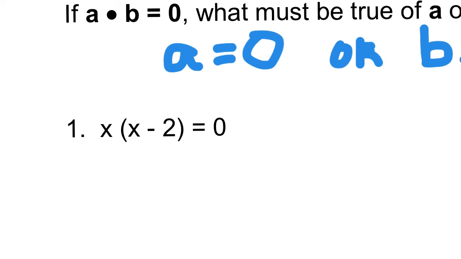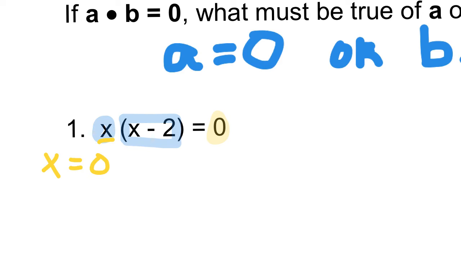Looking at number 1, there are two factors, two things that are being multiplied. One is x, and the other is x minus 2. They're being multiplied to get a solution of 0. That 0 is very important. We're going to set each factor equal to 0. So the first factor is x equals 0.